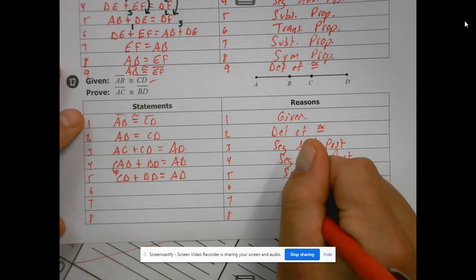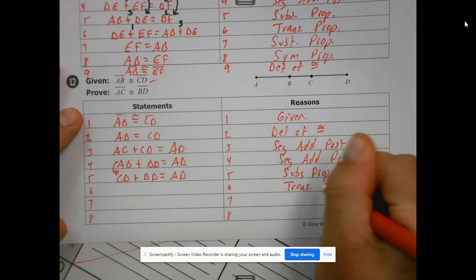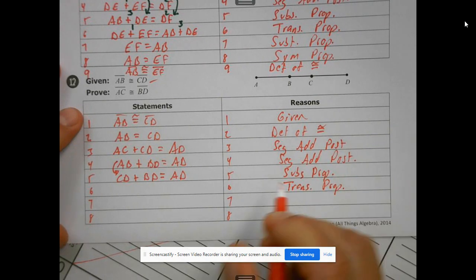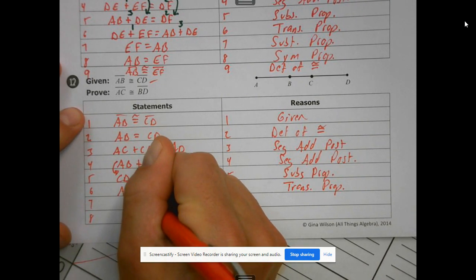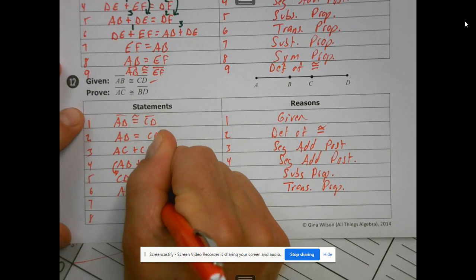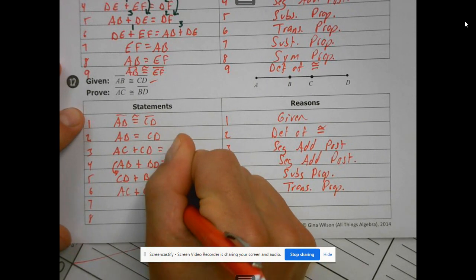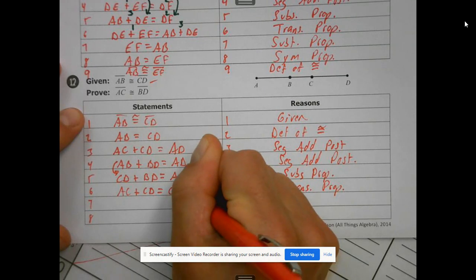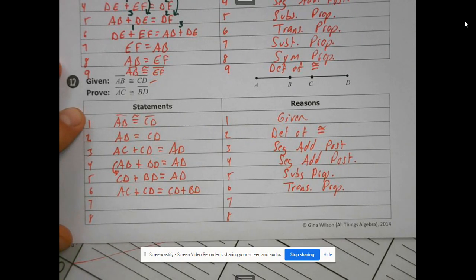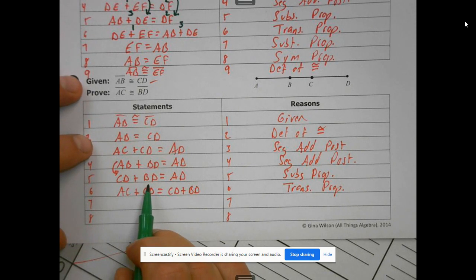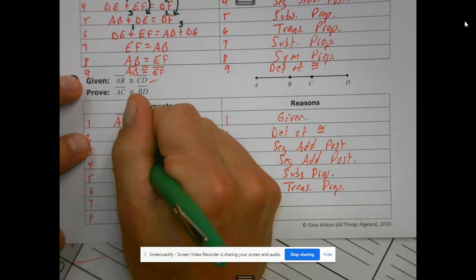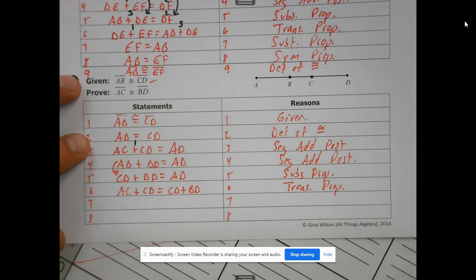Next up, transitive property. I'll show you how I got it. It's going to be AC plus CD equals CD plus BD. All right. Let's go back up a couple lines here. AC plus CD, let's call that the 1.